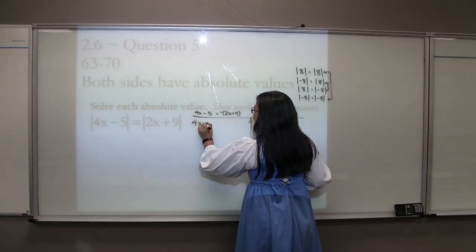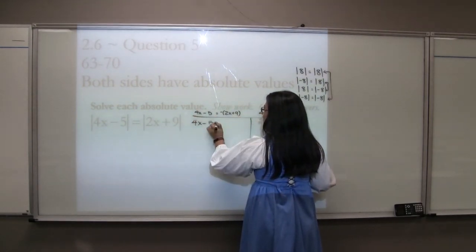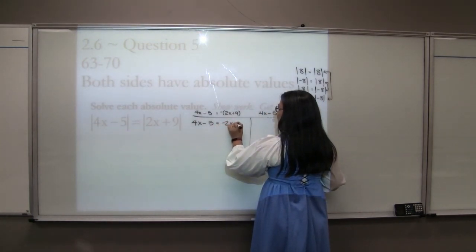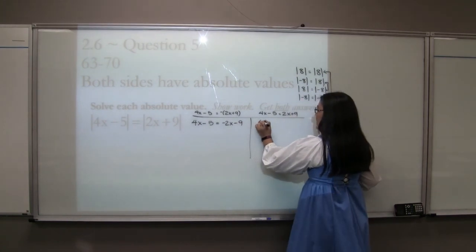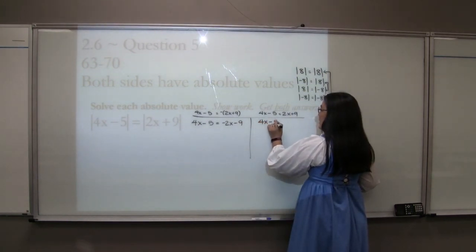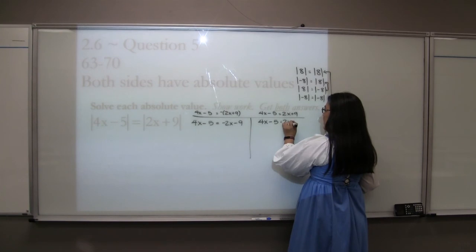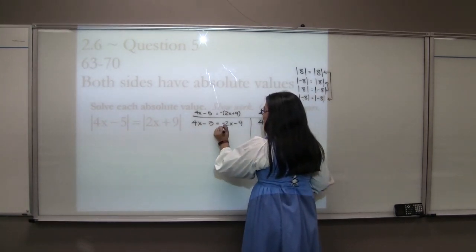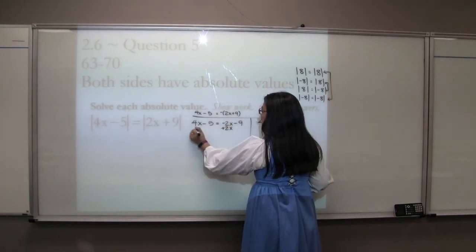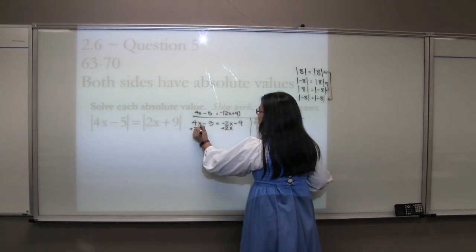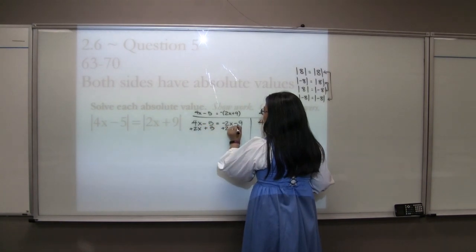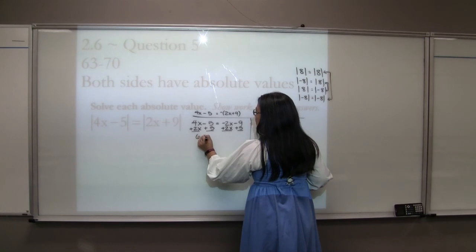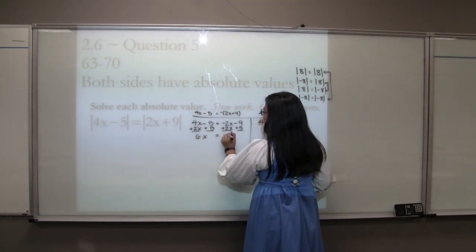So normally, instead of writing this, we just change all the things on the right-hand side, and here we don't change anything. We want to get the x's on the left-hand side, or we want to isolate the x's. This one is going to be different. I'm going to add 2x on both sides and also add 5 on both sides. If you want to make that into 2 steps, that is fine. That gives you 6x equals -4.